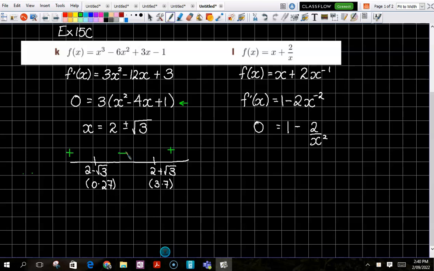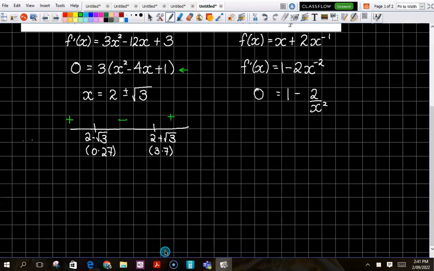Now we haven't finished, because this is where we need to use our notation, because the question actually asked, if you've got it open, state the intervals for when it's increasing and when it's decreasing. Yeah? So let's make sure this is correct. So I will, very technically, say increasing.